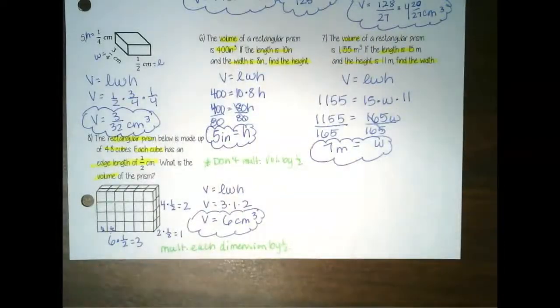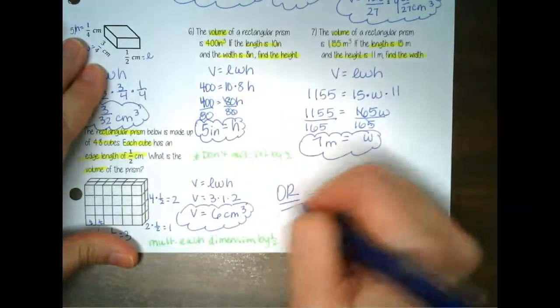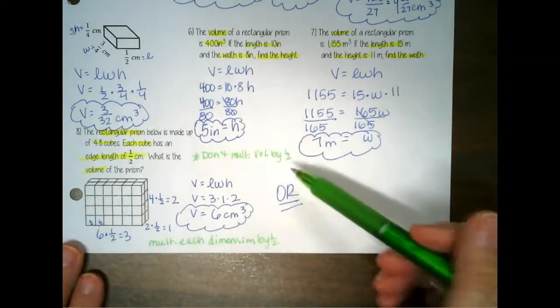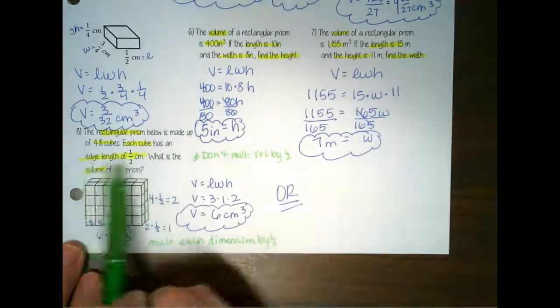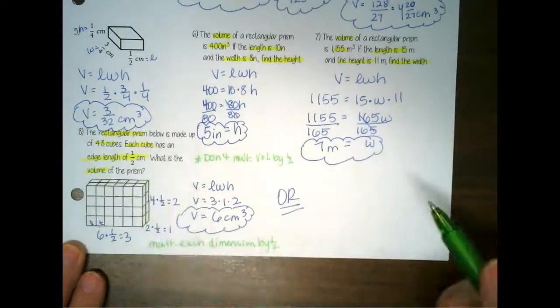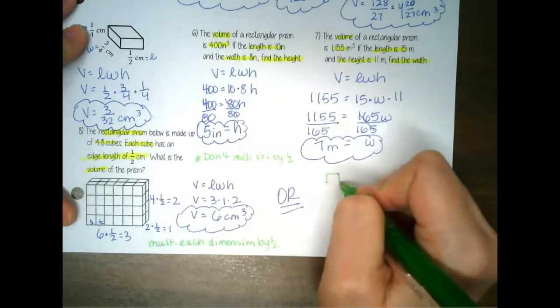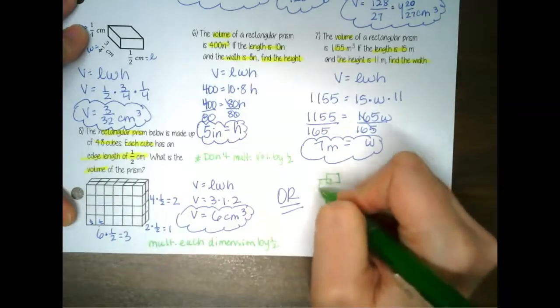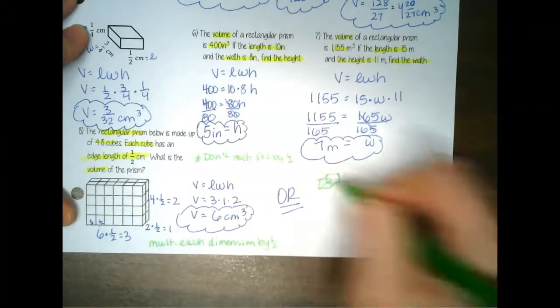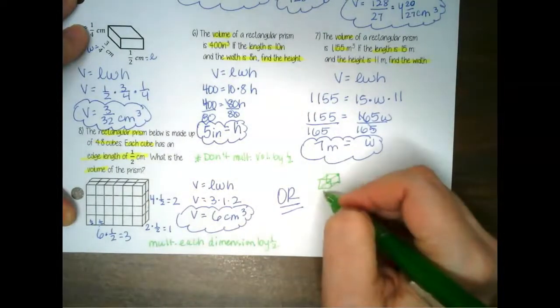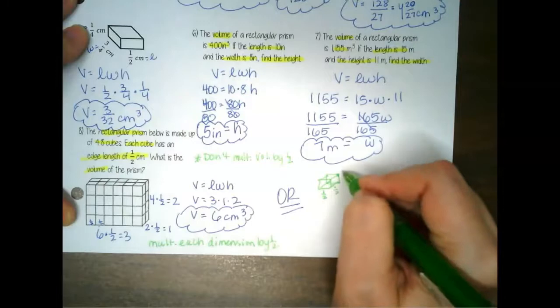Well, now here's another method. It's very similar to what I said not to do. This tells us that each cube has an edge length of 1/2. So imagine we have a cube and, oops, sorry, this is a half, this is a half, and this is a half.